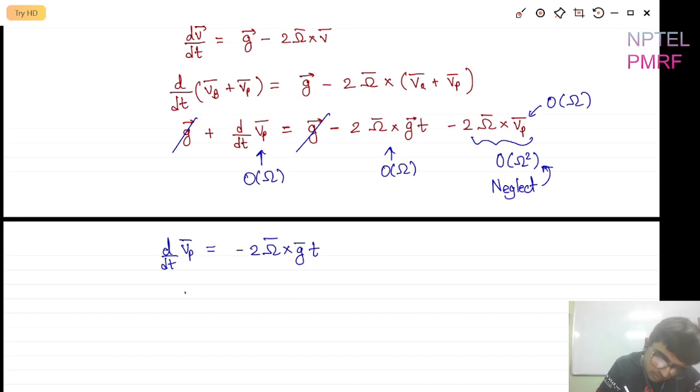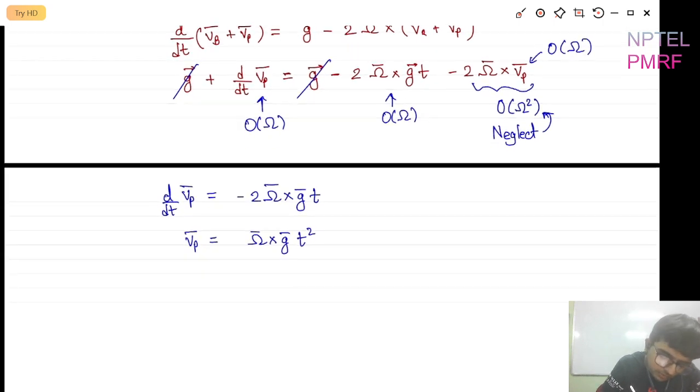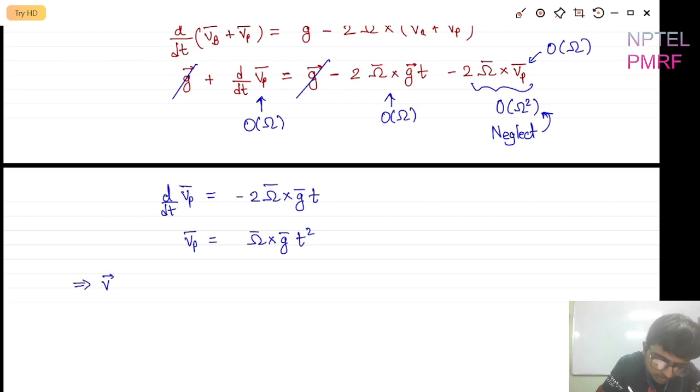Okay, we can integrate this, so Vp becomes omega cross g t squared. So our final solution becomes v equal to some initial u plus gt plus omega cross g t squared. As you can see, the base solution was of order t, but because of this omega, now we have an order t squared term.